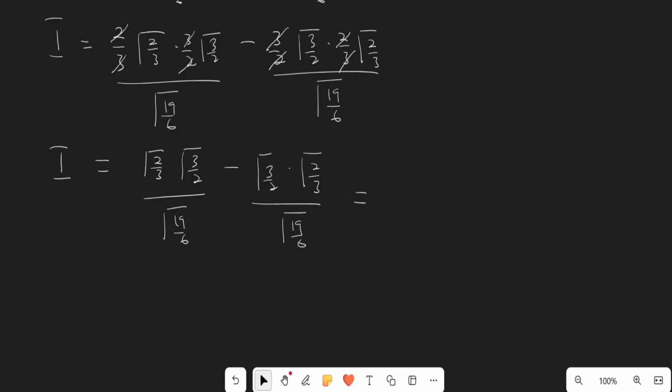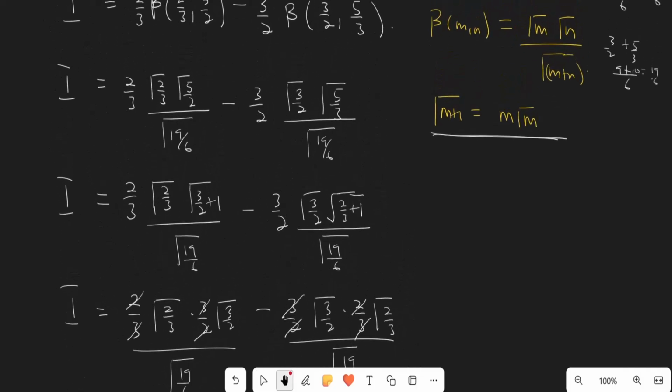And that is equal to what? The numerators are now the same. So the first term is equal to the second term, right? Gamma 3 over 2 times gamma 2 over 3 is the same as this one here. So that is equal to 0. So the integral evaluates to 0.